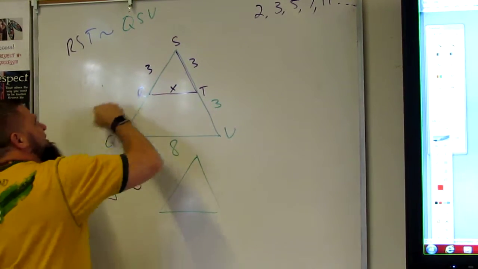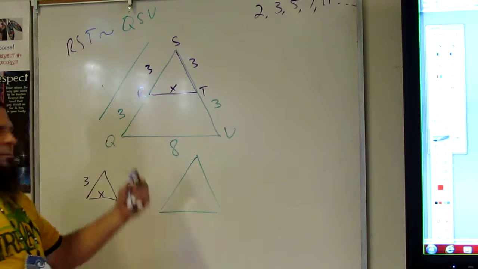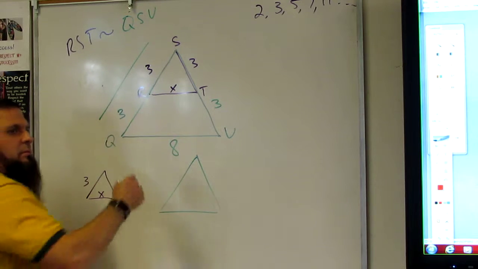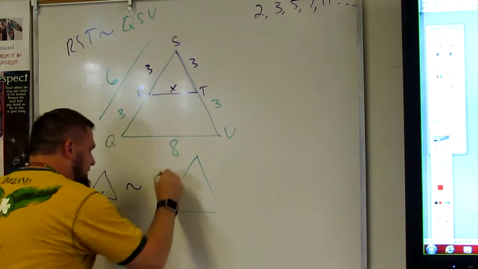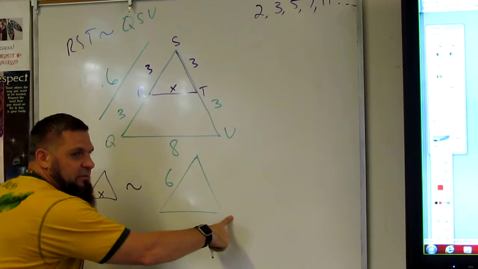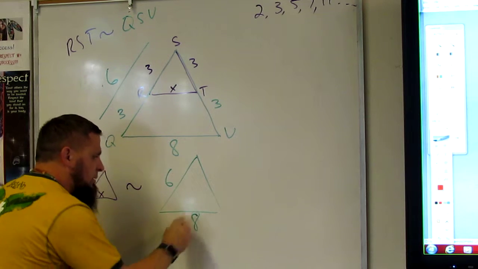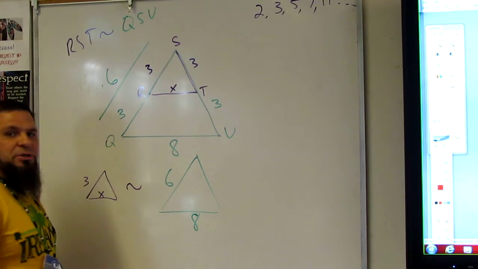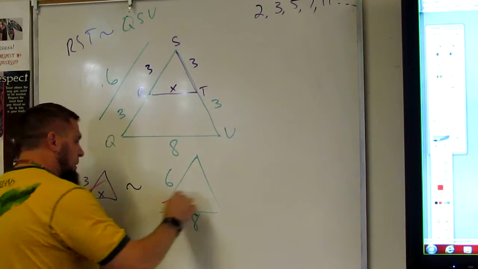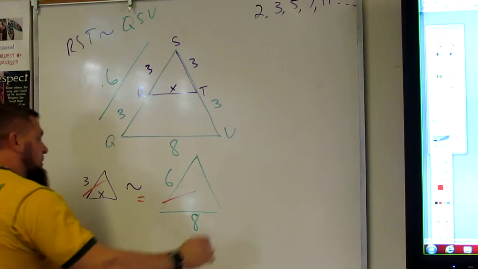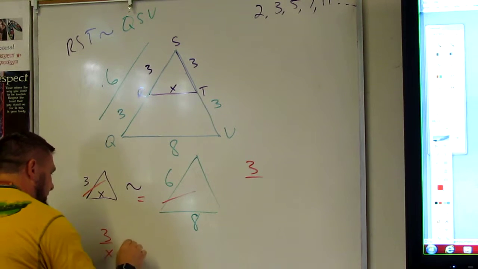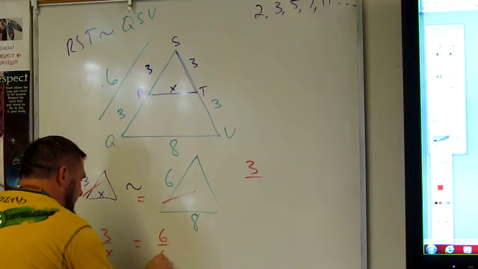How much is Q to S? 3 and 3, which is 6. And then Q and B, which is 8. And we just do our trick here. So we got 3 over x is equal to 6 over 8.